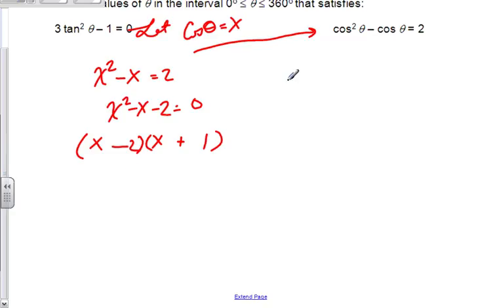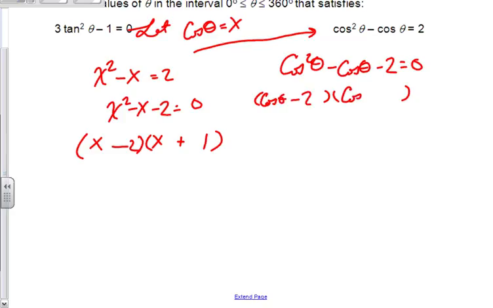This is going to work the exact same way over here. If I subtract 2 over, I get cosine squared theta minus cosine of theta minus 2 equals 0, and this will factor exactly the same way. We'll get cosine theta minus 2 and cosine theta plus 1 equals 0.